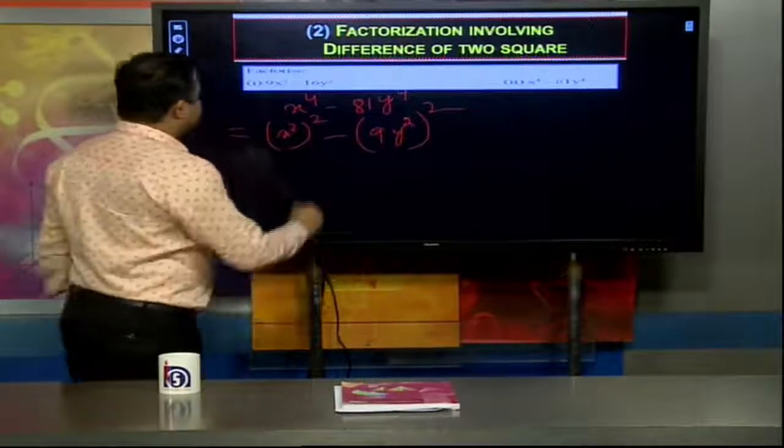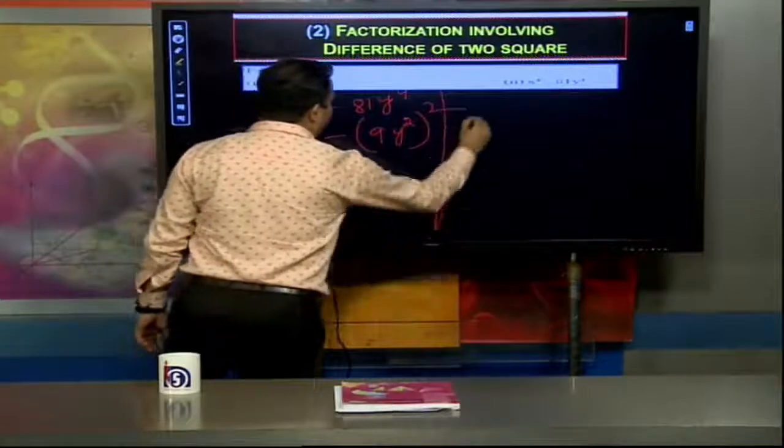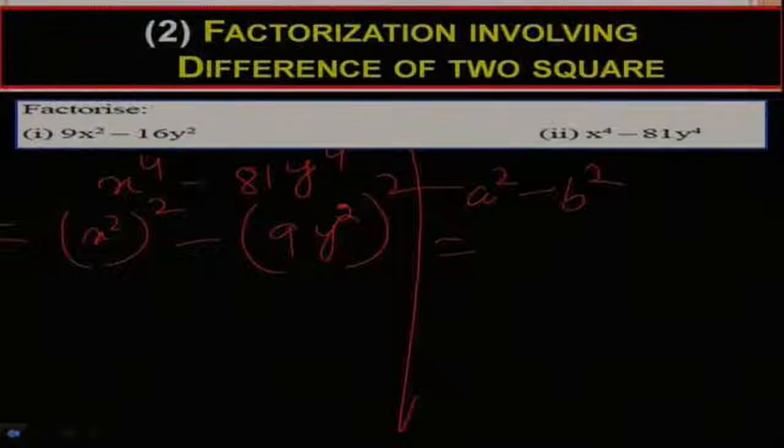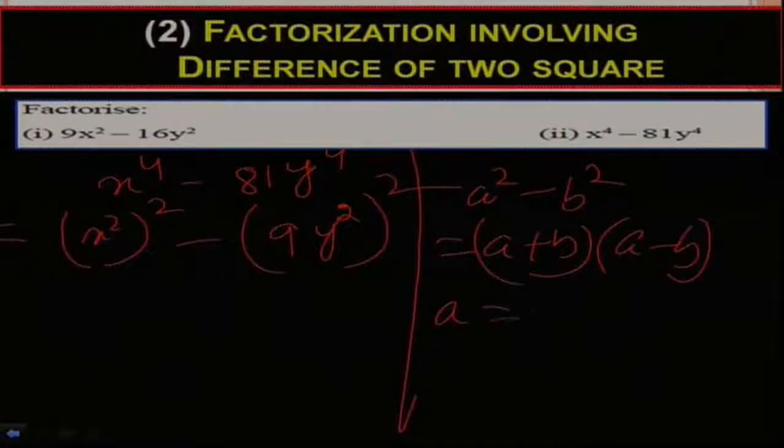So again you will see it is in the form of a square minus b square. So I can write (a plus b) into (a minus b). Now, the question is what is a? A is here x square and b is here 9y square.